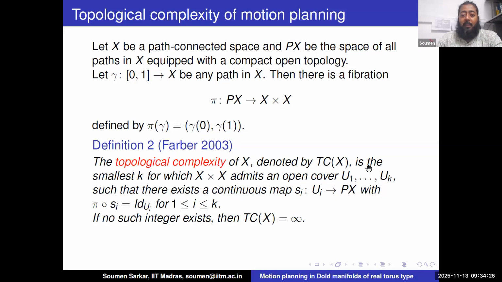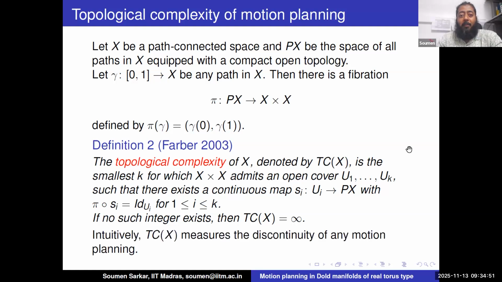We know many applications and many results. It says locally we should have sections for this path fibration. Then the smallest number of such open sets covering the space is called the topological complexity of the space. Now, these two definitions seem very easy.